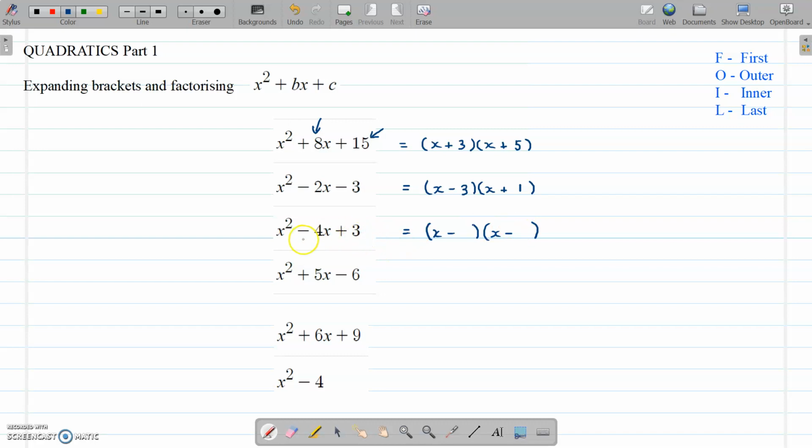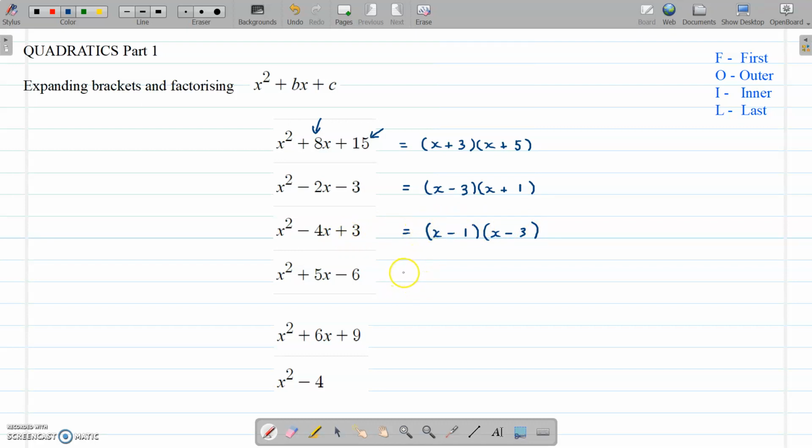But also, because this is negative, in order to make -4, it's got to come from two negative numbers added together, or certainly one of them has to be negative. So what we're going to do now is say, right, what pair of numbers multiply to give 3 and add to give -4? And hopefully we can see that it's going to be -3 and -1. All right? And you can easily check this by doing FOIL on this to see if you get back to this.